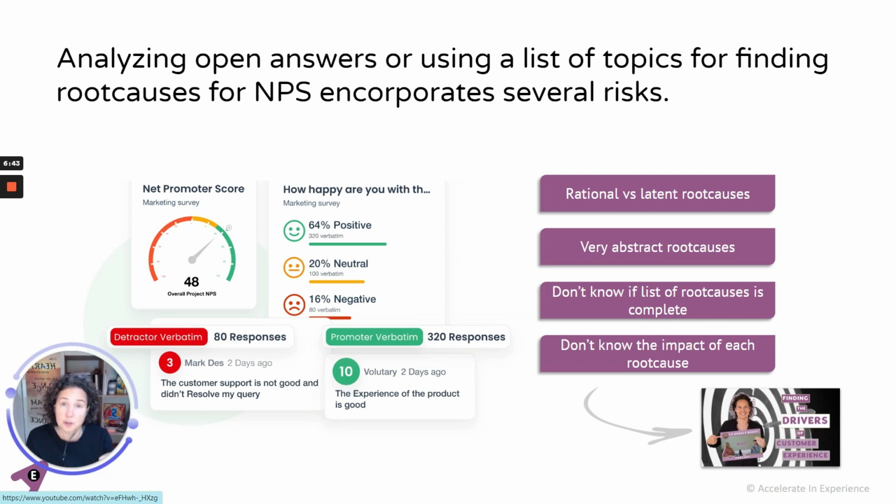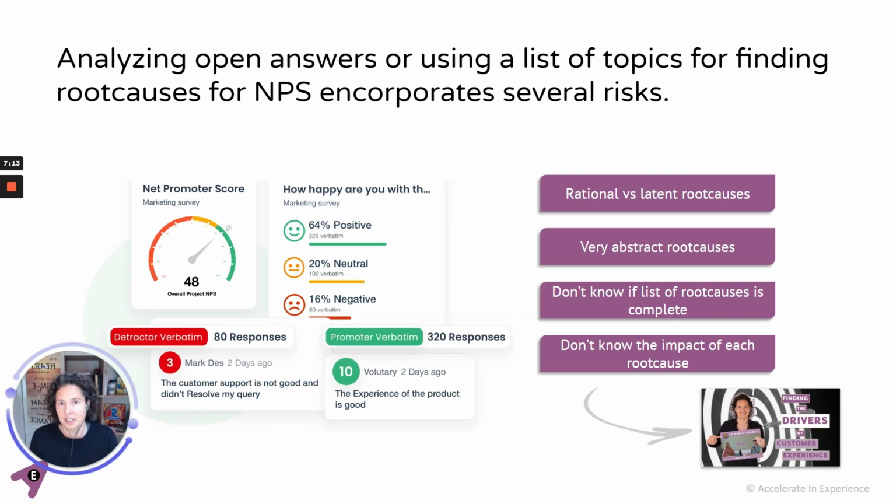And also there, when you use smart statistics within the journey that I explained in the other video, you get much more concrete, tangible ideas for improvement. The third thing, you don't know if the list of root causes is complete. When you use smart statistics, you get something that's called explained variance. That statistic, in layman's terms, tells you whether, in the eyes of the customers, you've covered all the topics that matter to them.